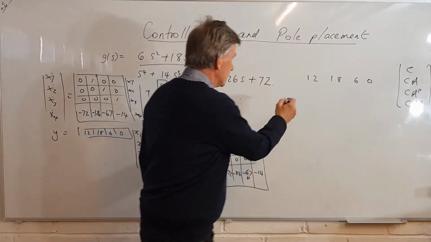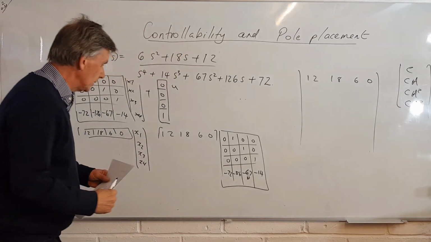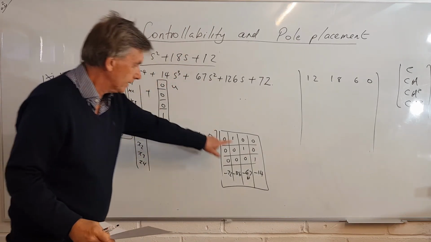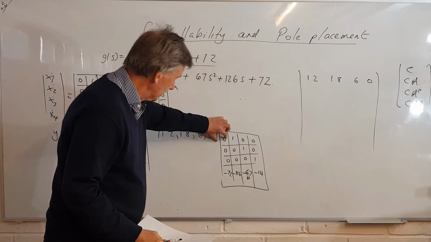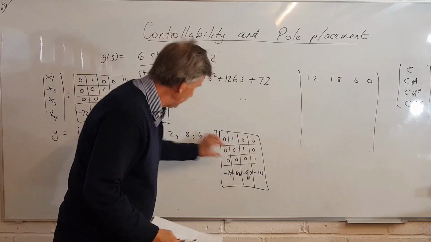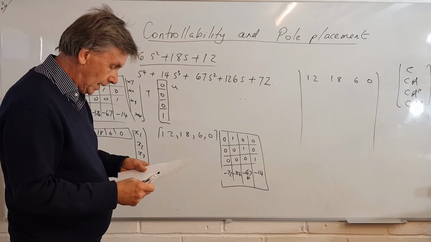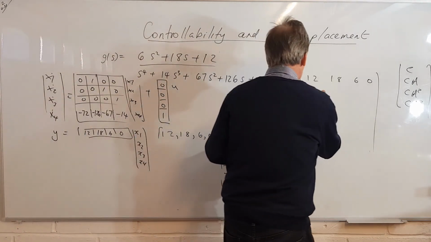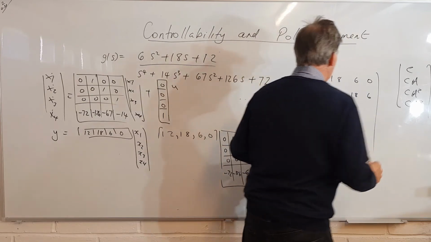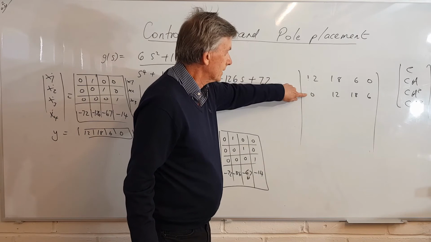So there's our first part of our matrix. We then multiply the 12, 18, 6, 0 into this matrix, so it's rows into columns. And this will come out as 0, 12, 18, 6. So this represents C, and this represents CA.